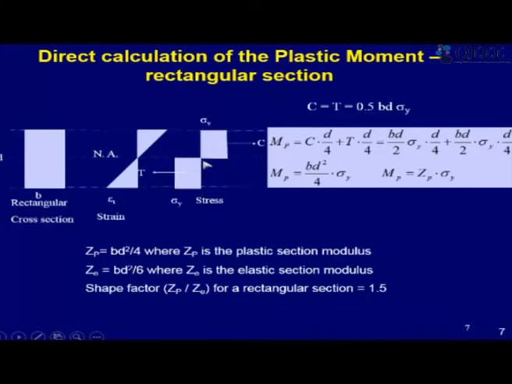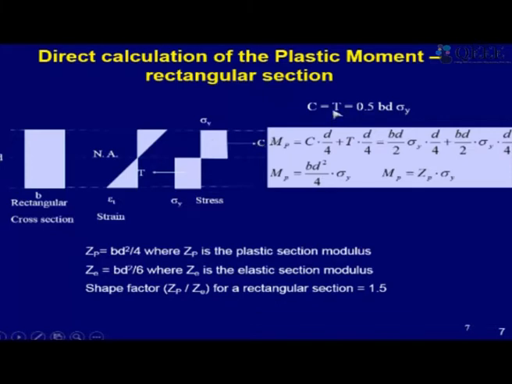Now at this point the only equation that we have is the equilibrium equation, that is the stress resultant on the compression side should be equal to the stress resultant on the tension side, or C should be equal to T. Now C or T is given by, let's say if my width is B and depth is D, so basically half of this cross section, that is 0.5 BD, is in compression and the other half is in tension. So the area of cross section which is in compression times Fy or sigma y gives me the C value.